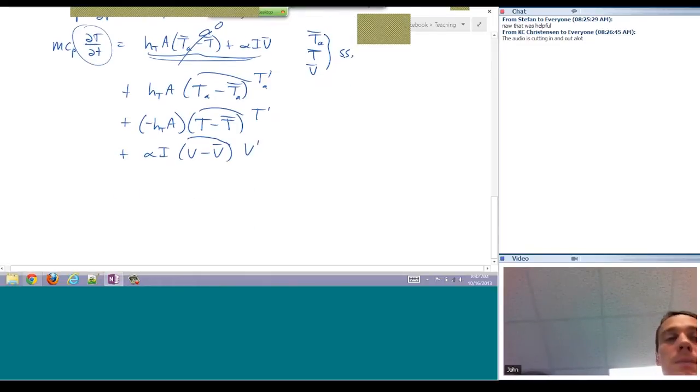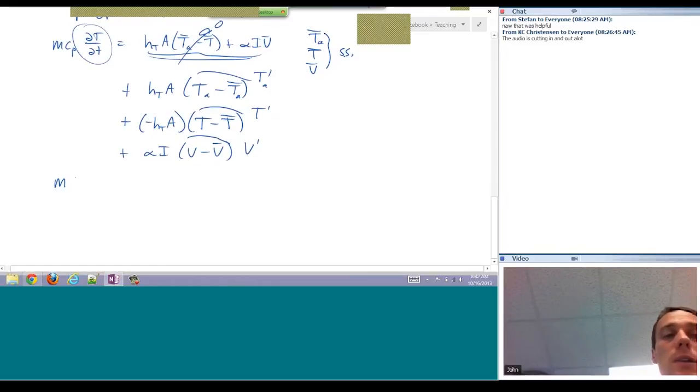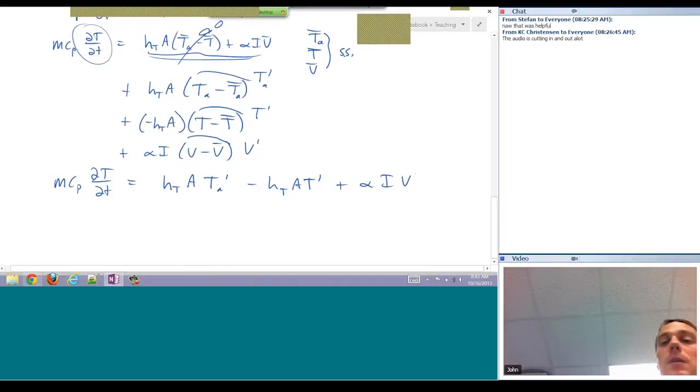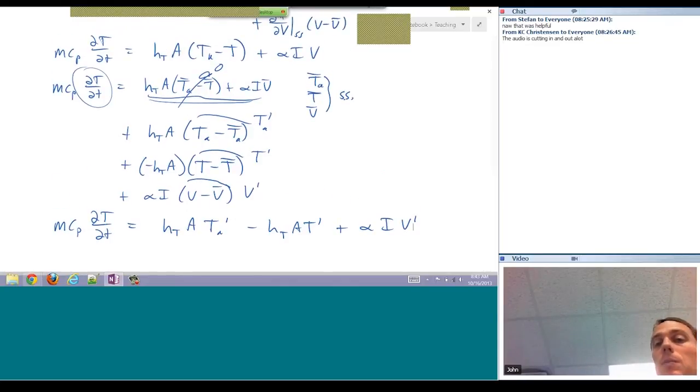So now I have m c sub p dT/dt, and then I have hA times T ambient prime minus hA times T prime plus alpha I V prime. What does that linearized expression look a lot like? Let's compare it to the original one. Does it look similar? Yeah, it's exactly the same.